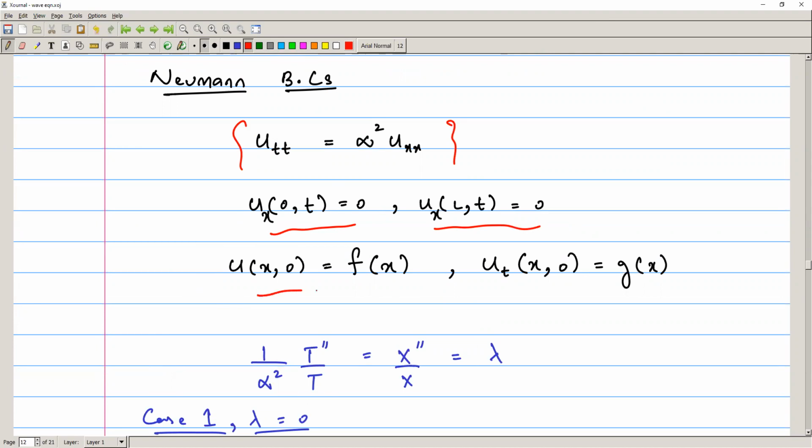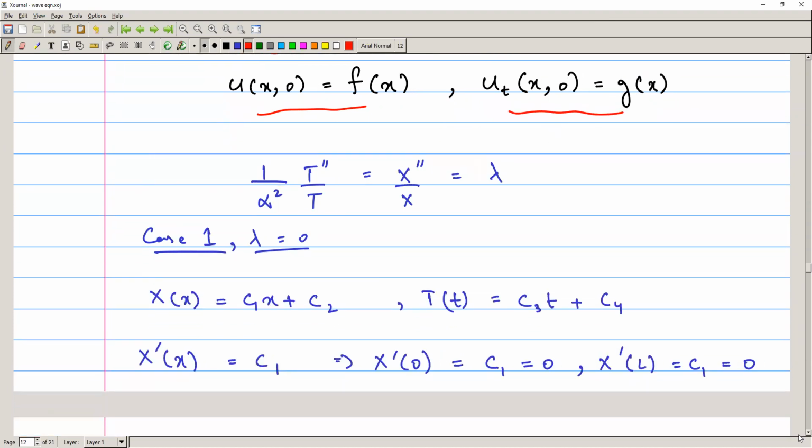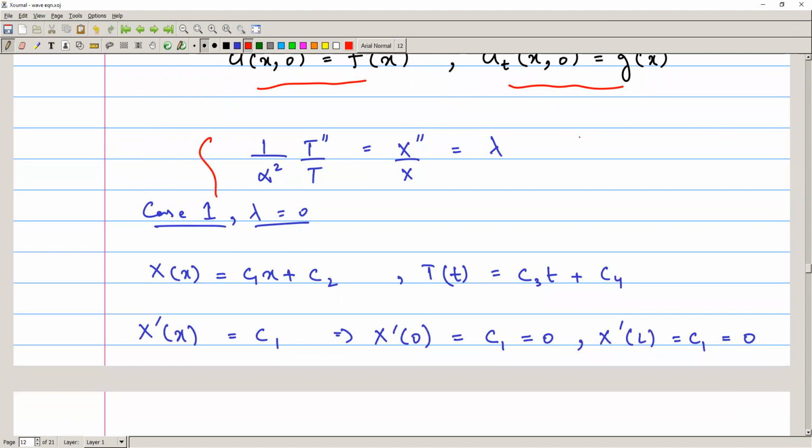The initial conditions are also given, the initial displacement and the initial velocity, right? So the idea is the same. We are going to separate the variables by using the method of separation of variables, and then we will apply three cases on the problem, right?